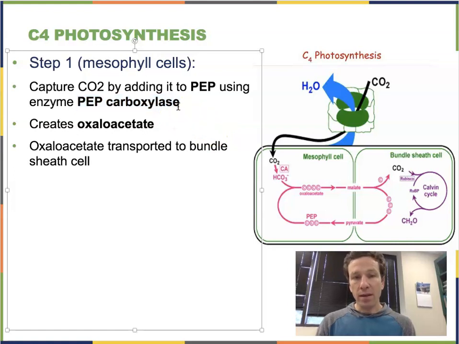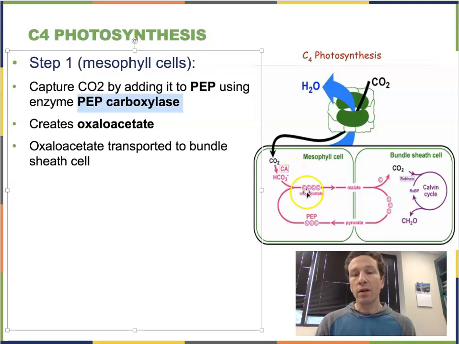The nice thing about this step is that the enzyme PEP carboxylase has a high affinity for carbon dioxide, but it has no affinity for oxygen. So while Rubisco is inhibited by oxygen and can do photorespiration, basically PEP carboxylase just ignores the oxygen no matter how much has accumulated in this mesophyll cell.